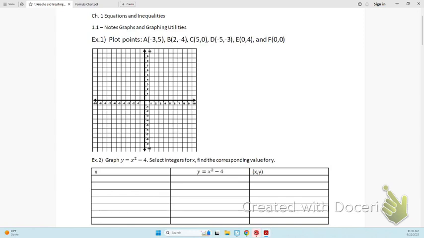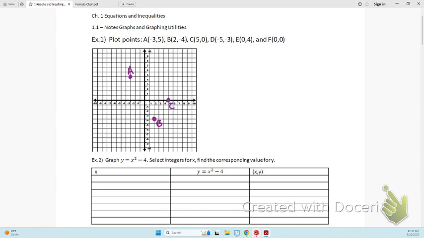We're just going left or right for the first number, up or down for the second number. So A is at negative 3, 5, so we're going left 3, up 5. For B, we're going right 2, down 4. For C, we're going right 5.